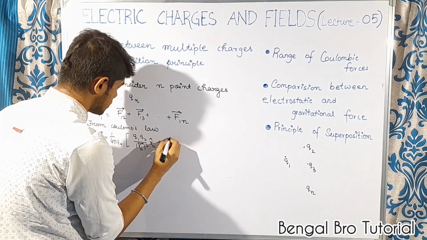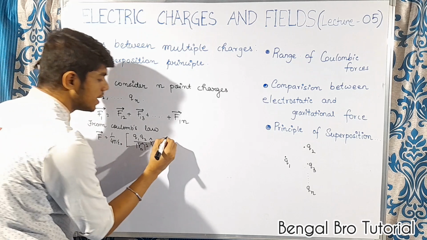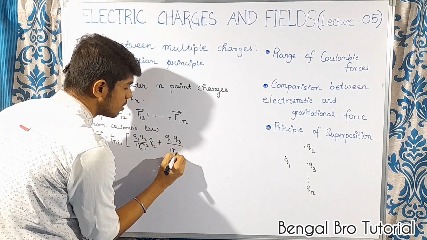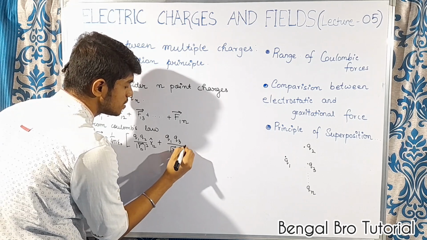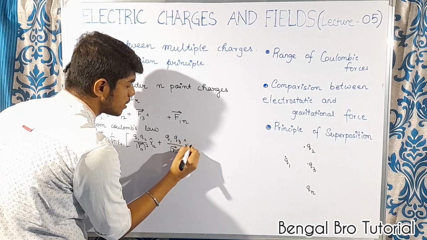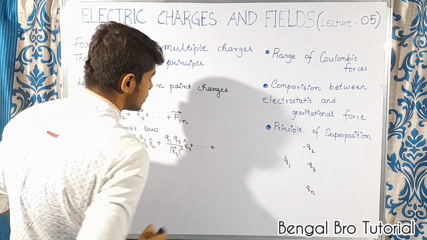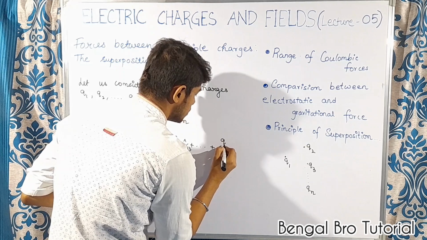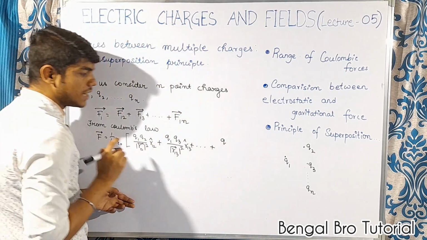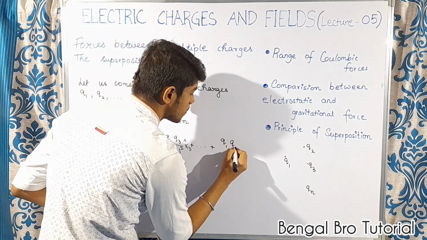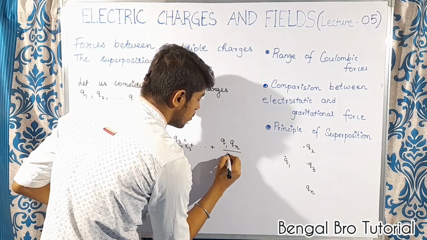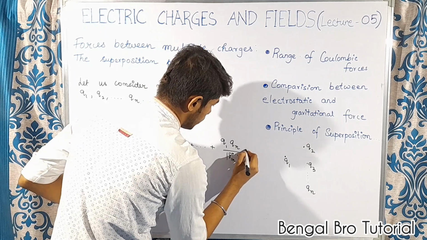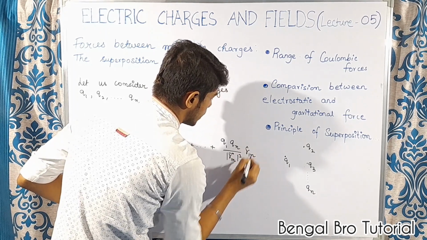F13 can be written as 1 by 4 pi epsilon naught Q1 Q3 by mod of R13 square into R13 cap, and F1n can be written as 1 by 4 pi epsilon naught Q1 Qn by mod of R1n square into R1n cap.